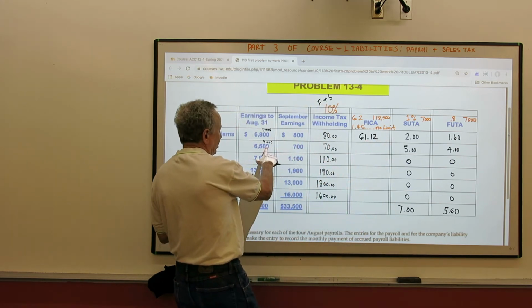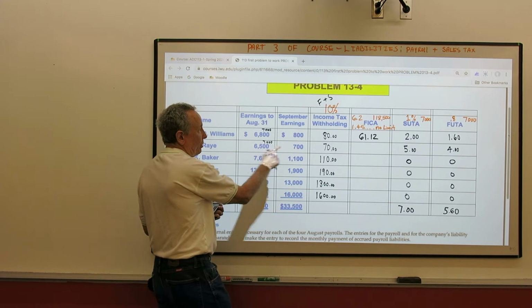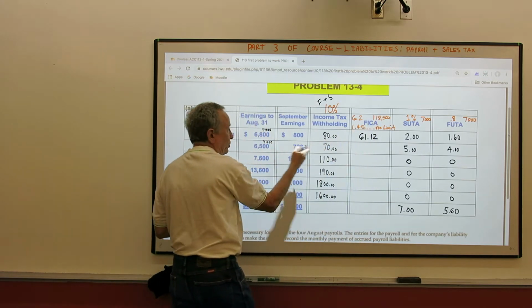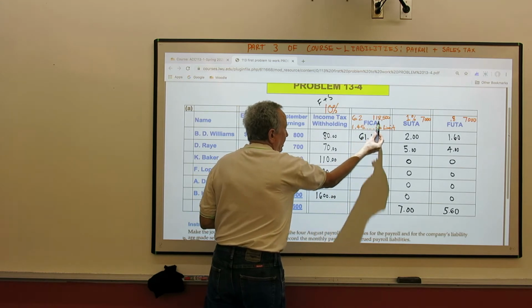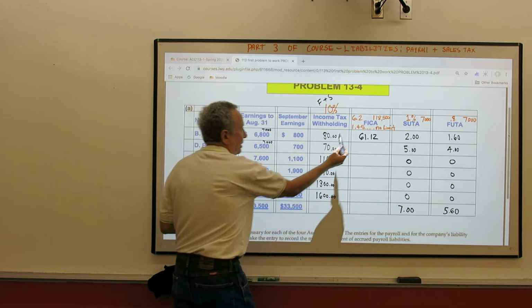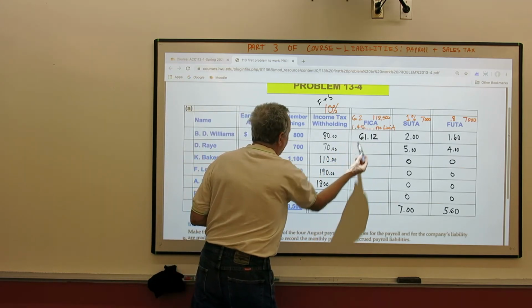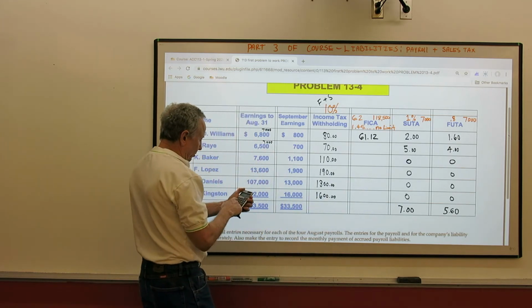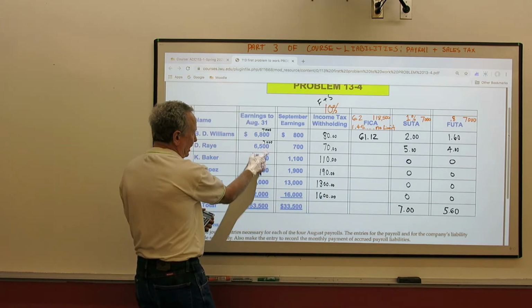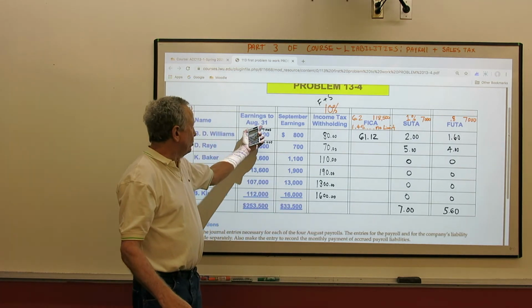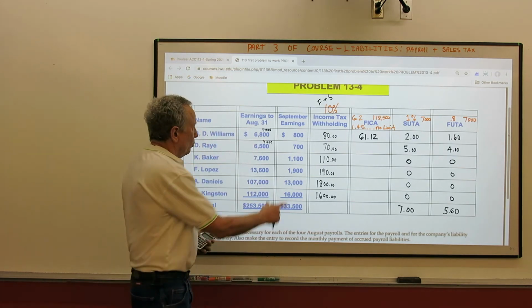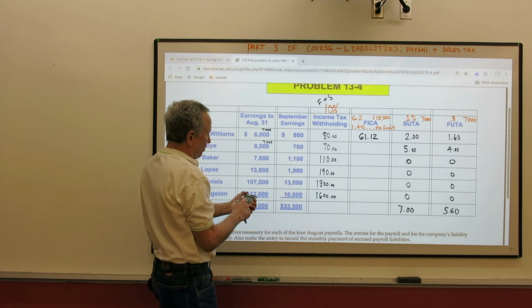Now this guy too, he's not anywhere near this $118,000 limit. So he's going to be exposed to both the OASDI and the Medicare. So again, let's take both of those, adding them together, 7.65, and multiply by $700. Don't do it on this number because they've already pulled the tax. Whoever worked on the earnings to August 31st has done all that. We're just responsible for doing the newest payroll.